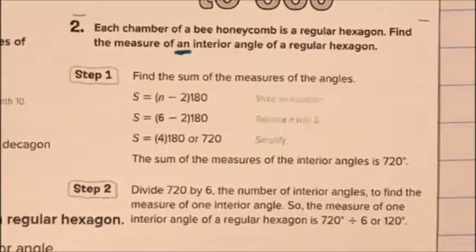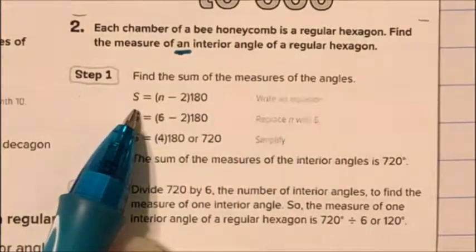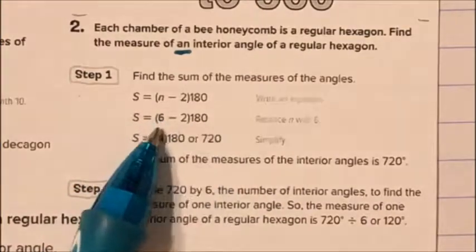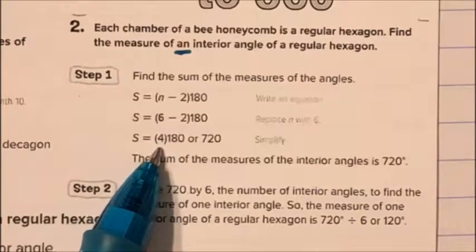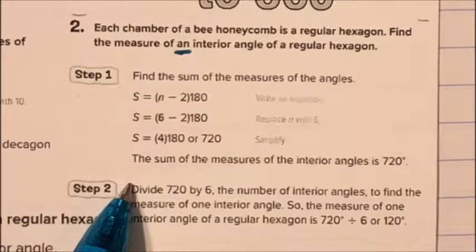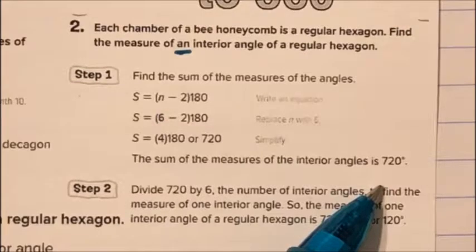The first step I do just like I did with example 1. Hexagon is 6-sided. So I find the sum of the measures of the angles, using the same formula, S equals n minus 2 times 180, n is 6, because that's the number of sides. 6 minus 2 is 4. 4 times 180 is 720. So the sum of the measures of the interior angles is 720 degrees.